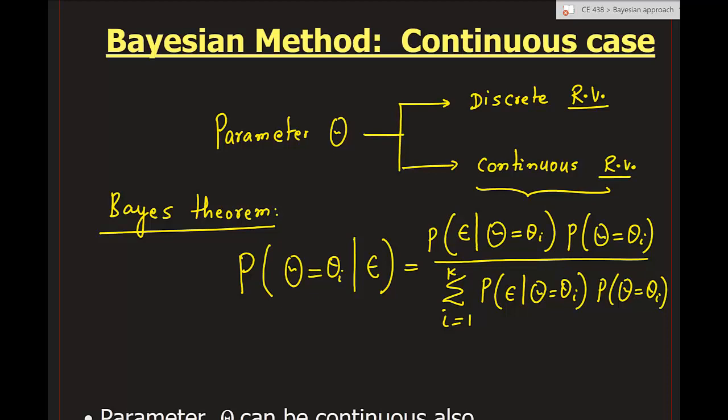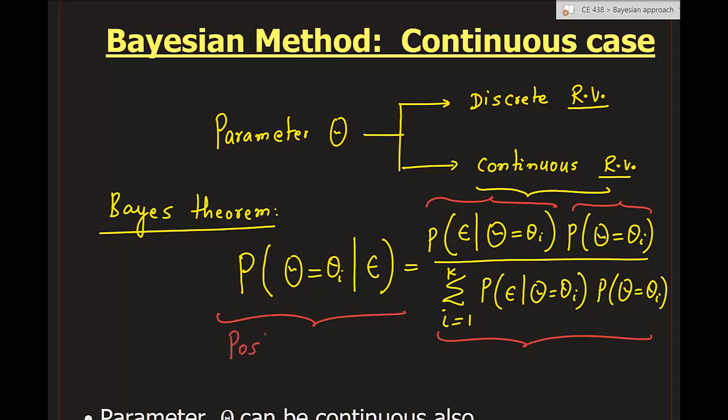So if you remember, this thing is called likelihood and this thing is prior, and this whole term is basically the normalization constant. So we have three things, and on this side we have the posterior distribution of theta.